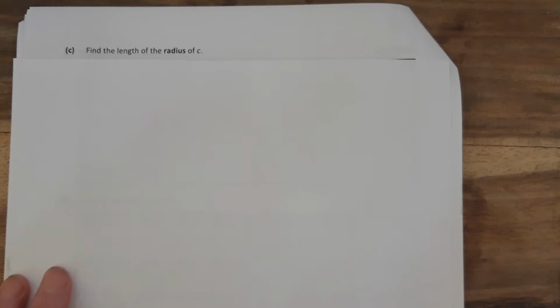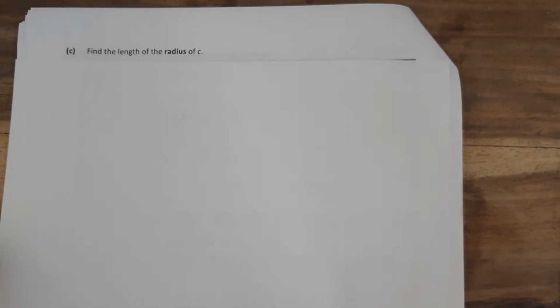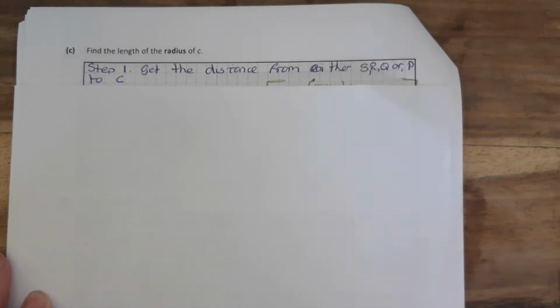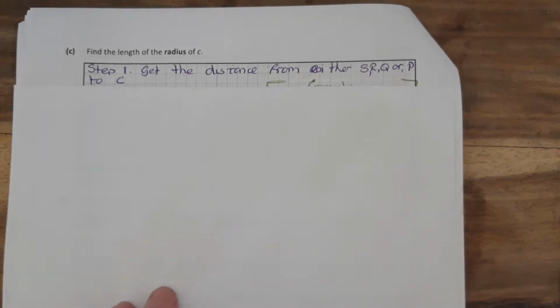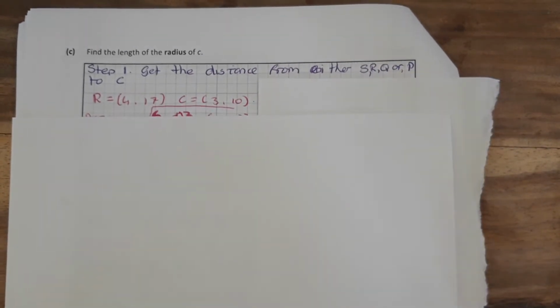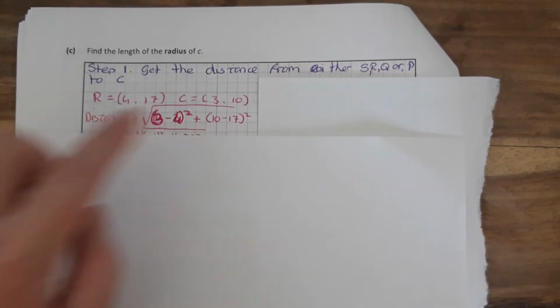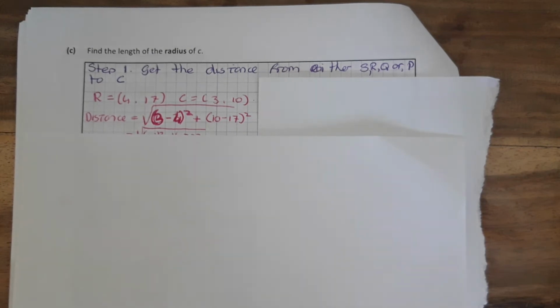So next, part C, is find the length of the radius of C. Okay, so for the first step, get the distance from either S, Q, R, or P to the centre C. Okay, so I'm going to use from R to C. So R is (4, 17), C is (3, 10).